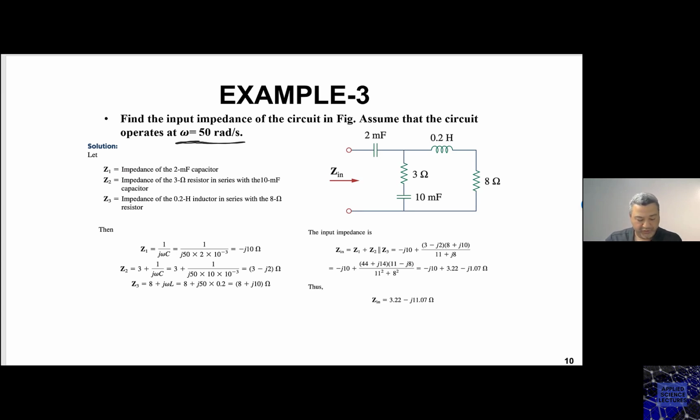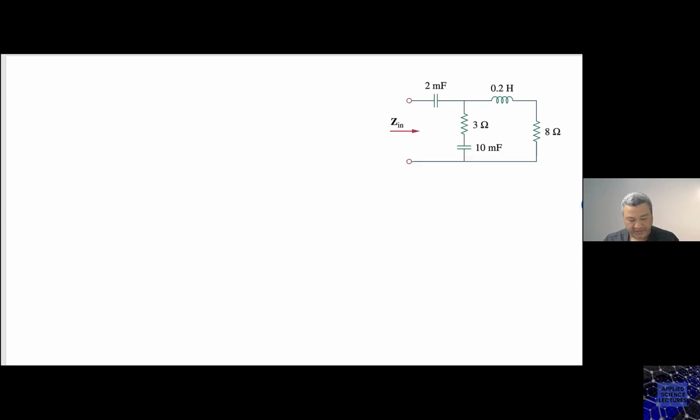So in order to do this, the first thing you need to do is to redraw the circuit after you find those impedances. Now you're dealing with impedances. Remember when I said you're dealing with the impedance of the capacitor and the impedance of the inductor, not the capacitance and the inductance.